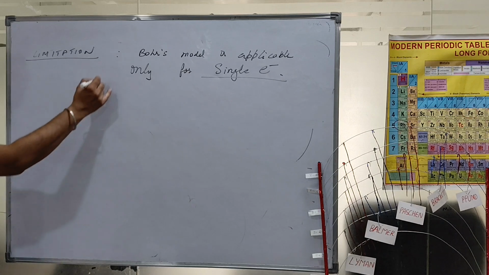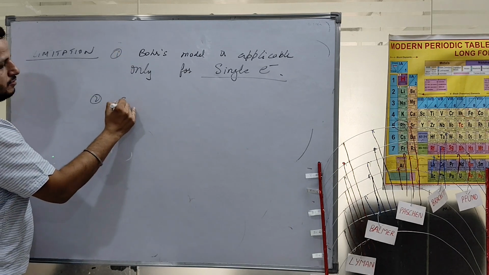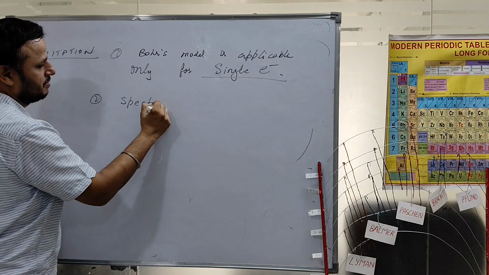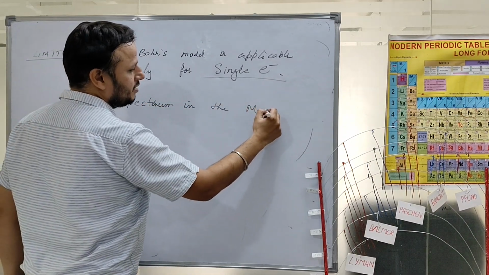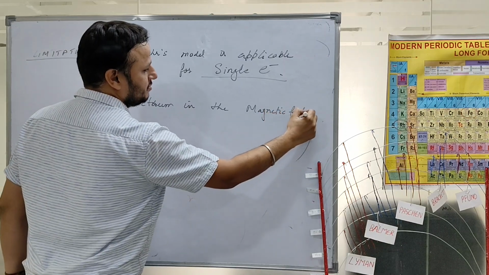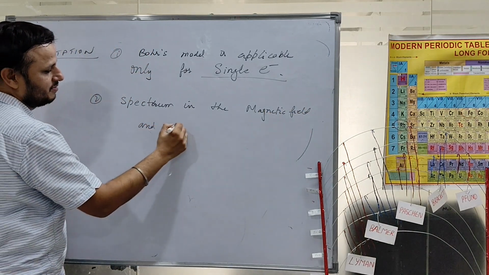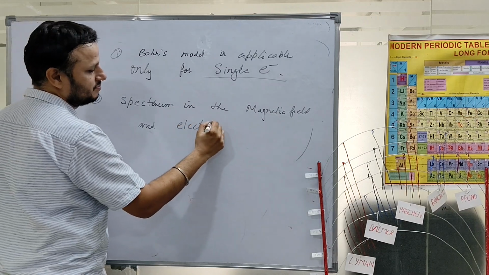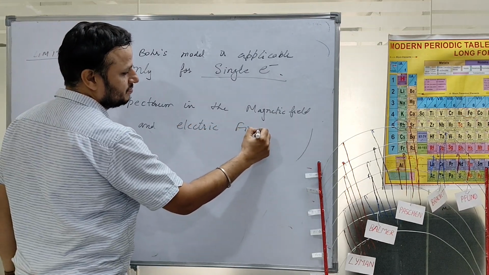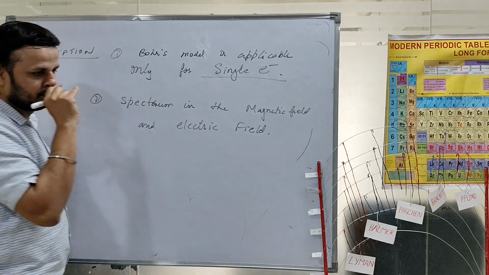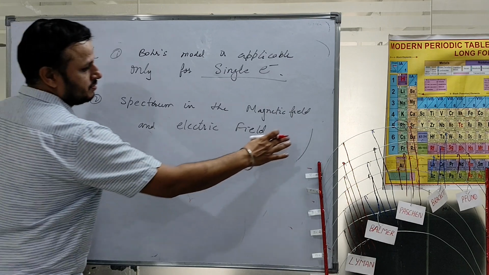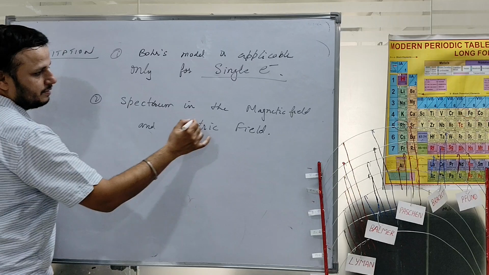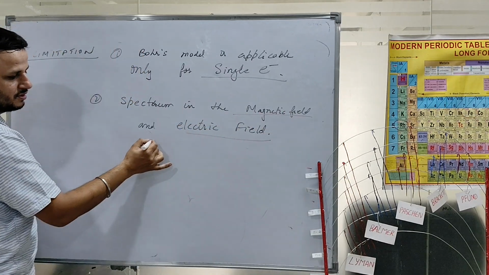And the second is the spectrum in a magnetic field and electric field. What happens in a magnetic field and electric field?